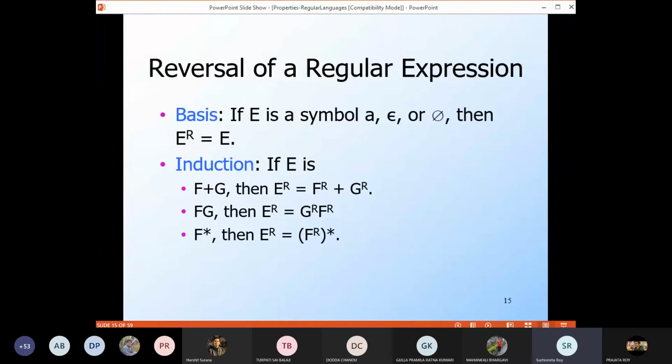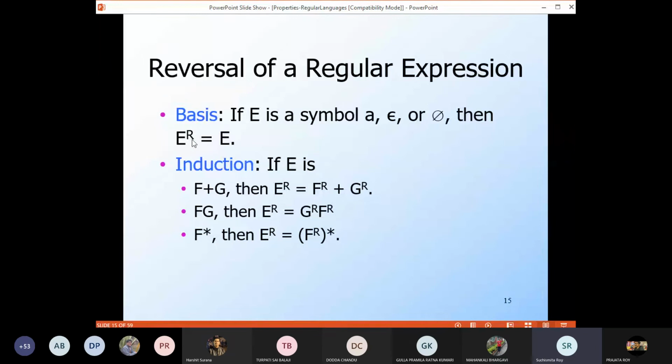Now this definition of a regular expression is recursive in nature. The definition of a reversed regular expression is also recursive in nature. You remember the recursive definition of a regular expression: you have an empty set phi, or you could have epsilon, which is an empty string. Please remember, empty set and empty string are two different things. And then you have single symbols. All of these, when reversed, remain the same.